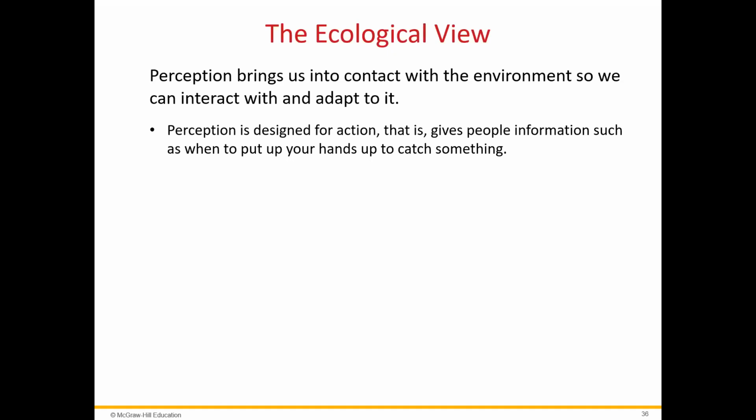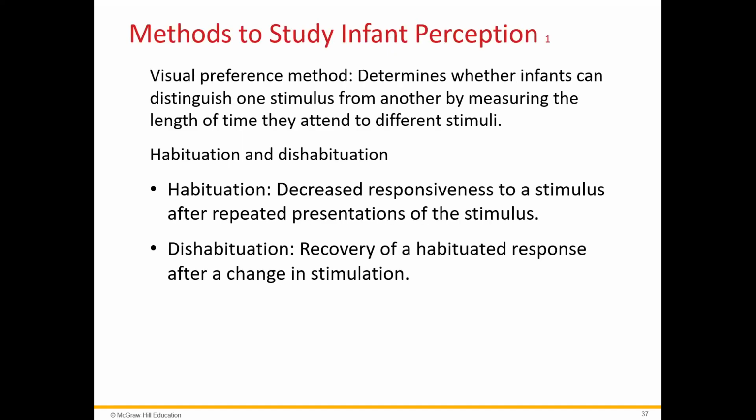So if a ball is coming towards you, you act on it by putting your hands up and catching it. Or if you see the car in front of you braking, you act on it and you brake behind them so you don't crash into them. Anyways, the ecological view just says that this is adaptive, and so through evolution, our perceptual abilities increased, because those that had better sensation and perception would survive longer. And that's about all that says.